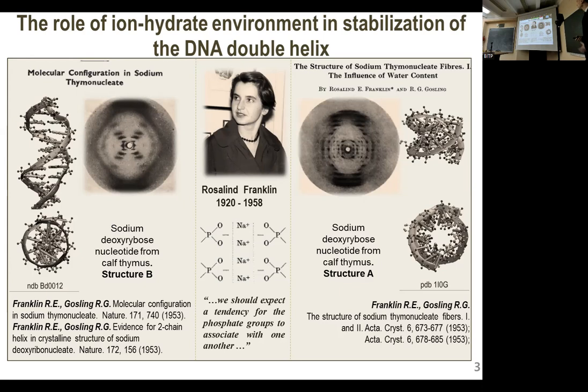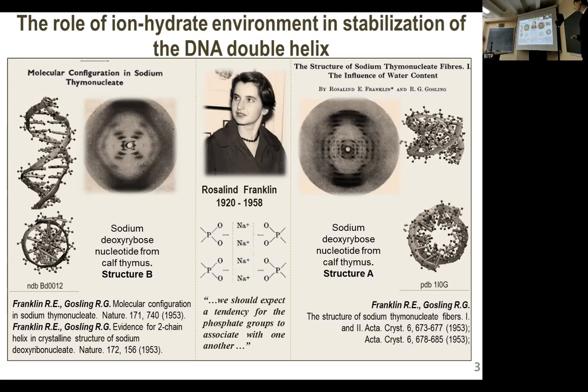Why am I talking about this in such detail? It is very important because DNA is flexible and it can take different conformations, and this is the response to environment, to hydration, and also ions.